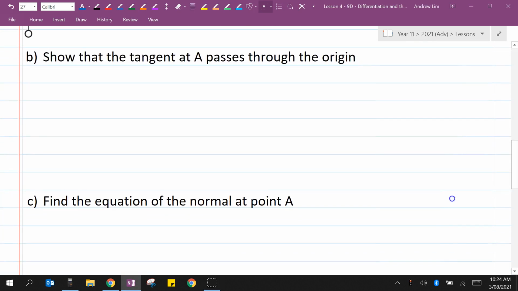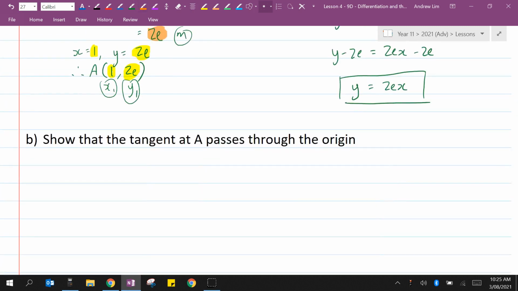Okay. Question B, show that the tangent at A passes through the origin. So if we've got this equation, y equals 2ex, we want to show that it passes through the origin. The origin is equal to (0, 0).